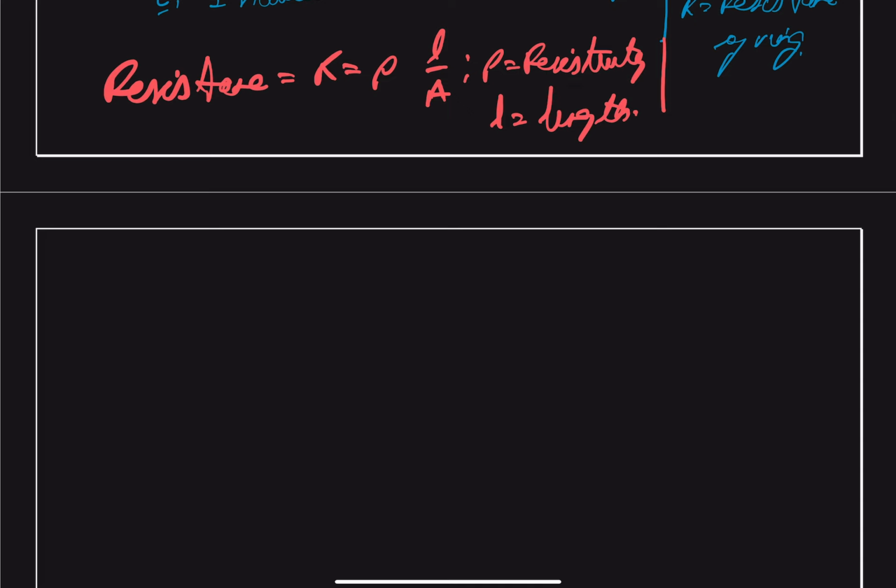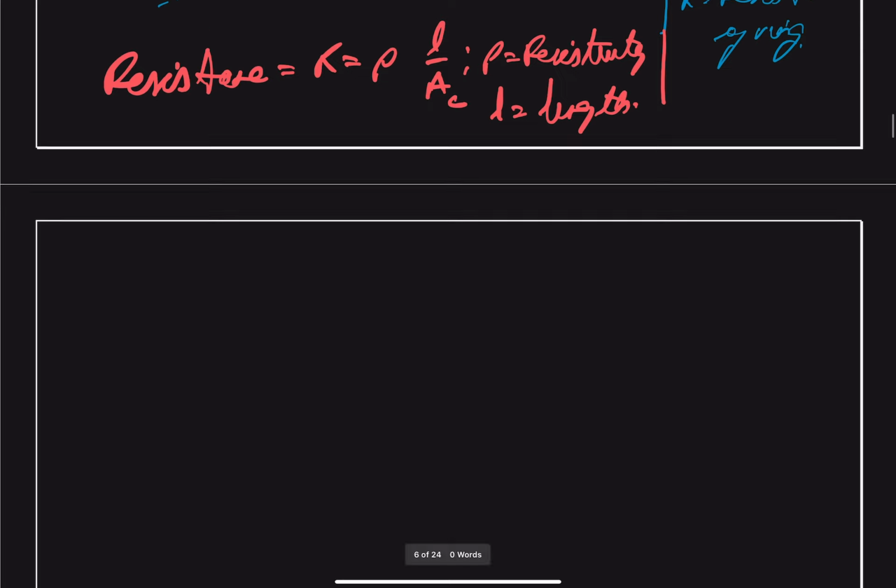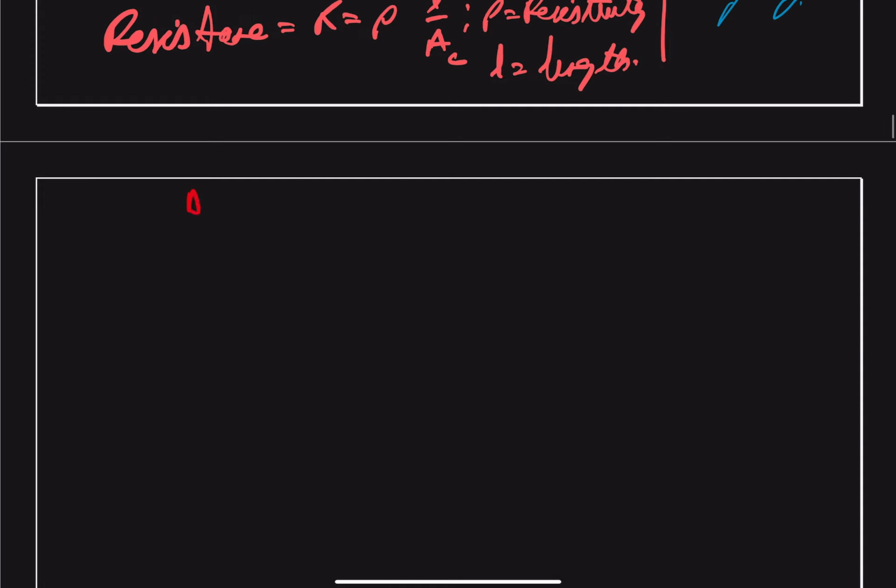Let me write this A as AC, the area of cross section, which will make it more clear.